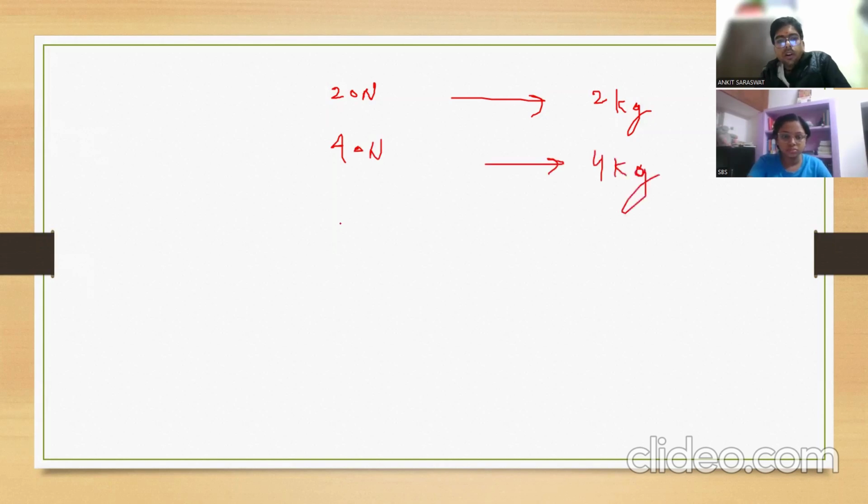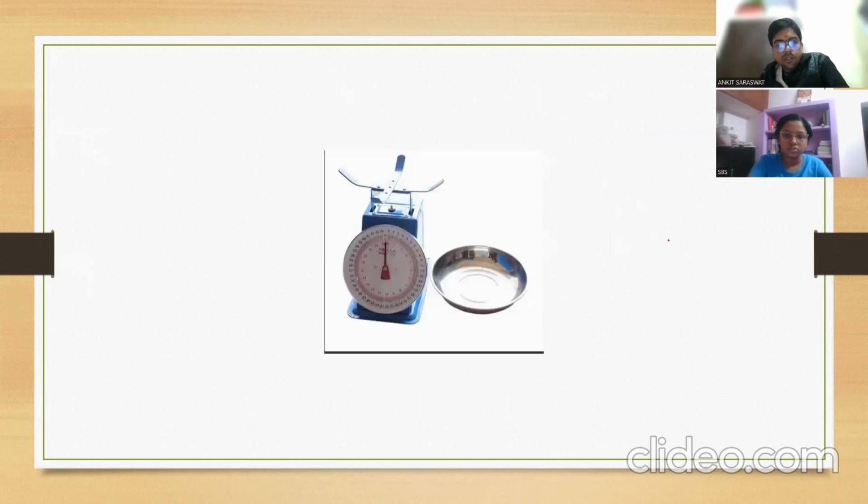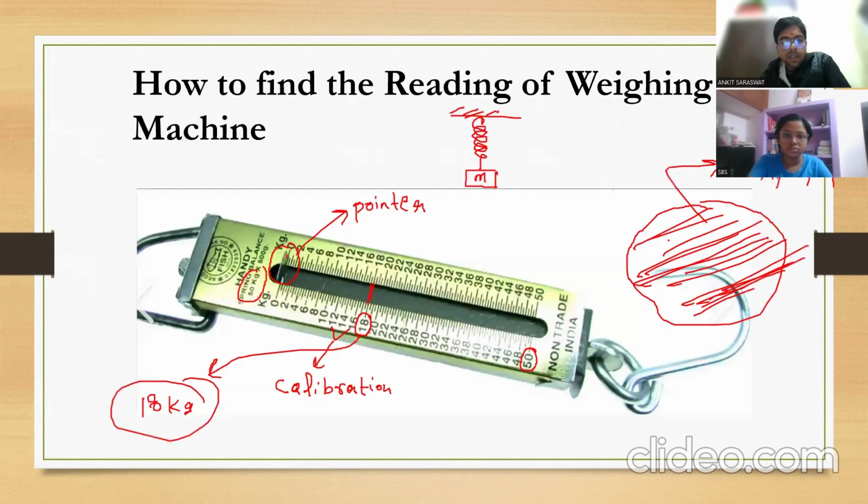For example, 150 Newton corresponds to 15 kg. This is what we are looking at now. Check this diagram. Here 18 means the spring force is 180 Newton.